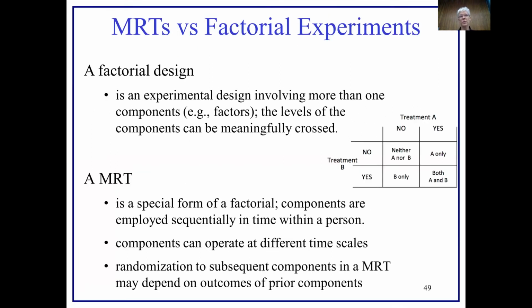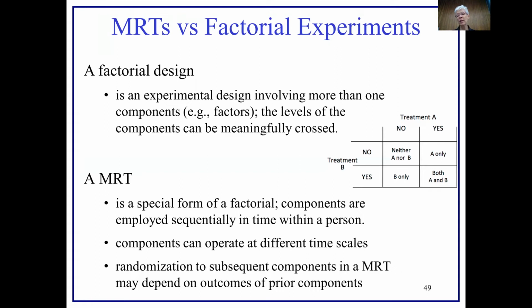There's another type of experiment, the factorial experiment. Many of you are likely familiar with factorial experiments. These are designs in which you have one or more components and you can cross the components. So here's a little schematic, treatment A and treatment B. A person can receive any combination of no and yes with treatment A and treatment B. And in fact, an MRT is sort of like that.